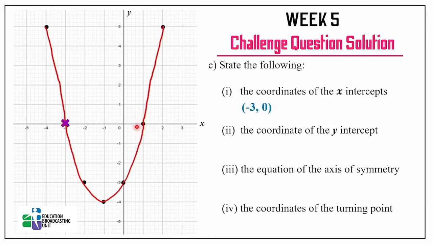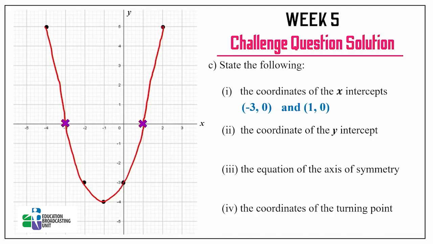The second location where our graph cuts the x-axis is in this area. And we know that that is 1 on our x-axis. And so that coordinate would now be 1, 0. Part 2, the coordinate of the y-intercept.